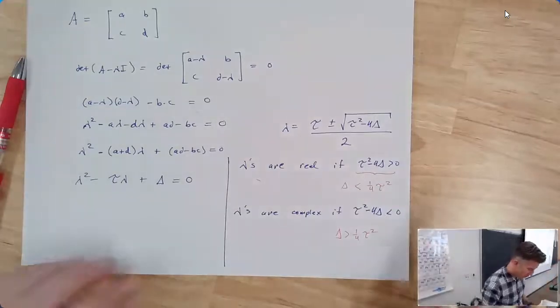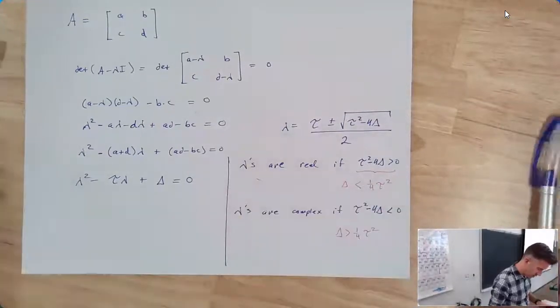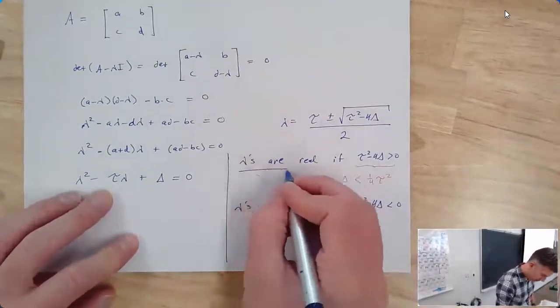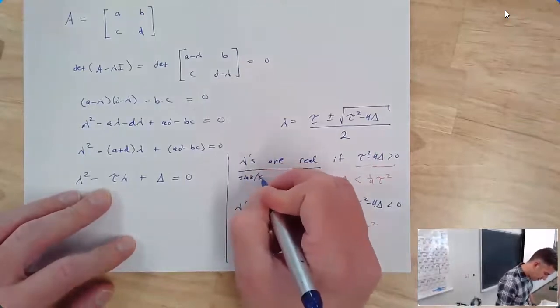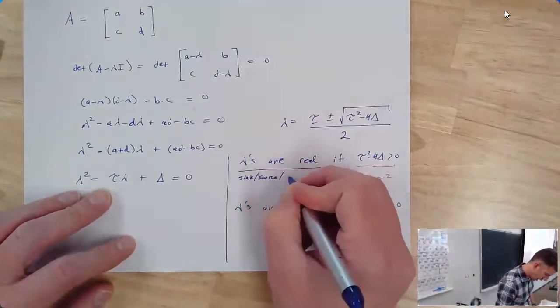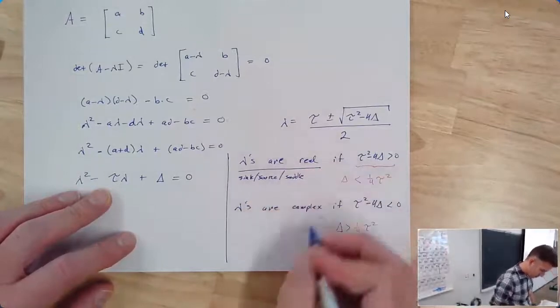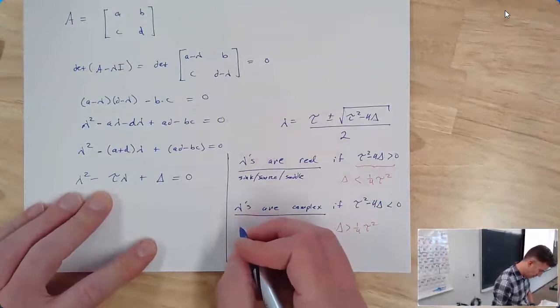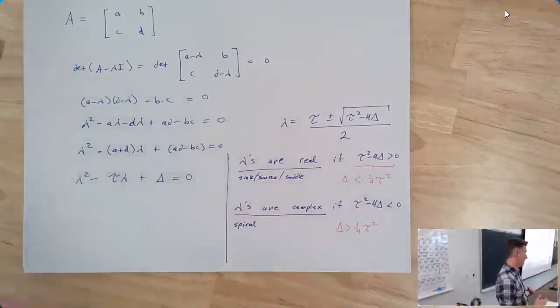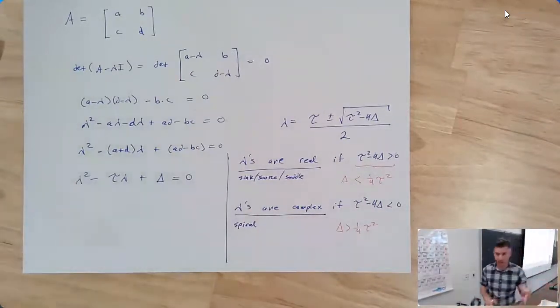So if the eigenvalues are real, every time, you know you're going to have a sink, a source, or a saddle. Whereas if the eigenvalues are complex, you know you're going to have a spiral: an outward spiral, an inward spiral, or a neutral spiral, which we haven't had an example of yet.